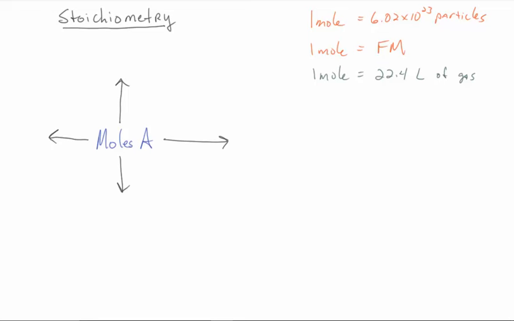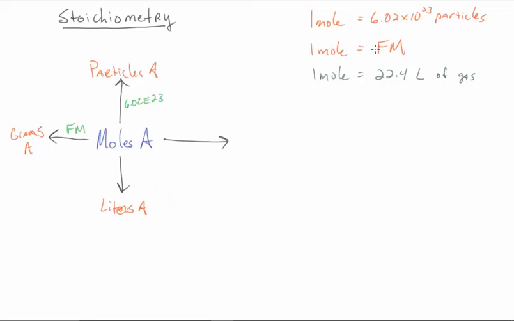And so now these are my relationships. I've got particles of A, grams of A, and liters of A. All right? And so what are the numerical relationships there? Well, it goes back up to my three equalities up here. I'm going to use Avogadro's number, 6.02E23 there.